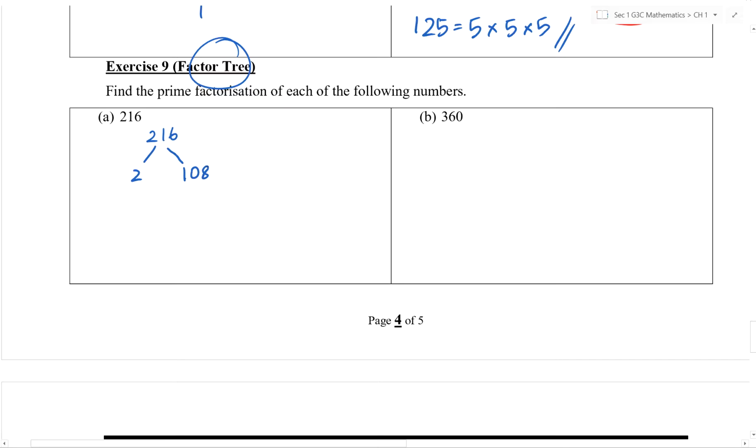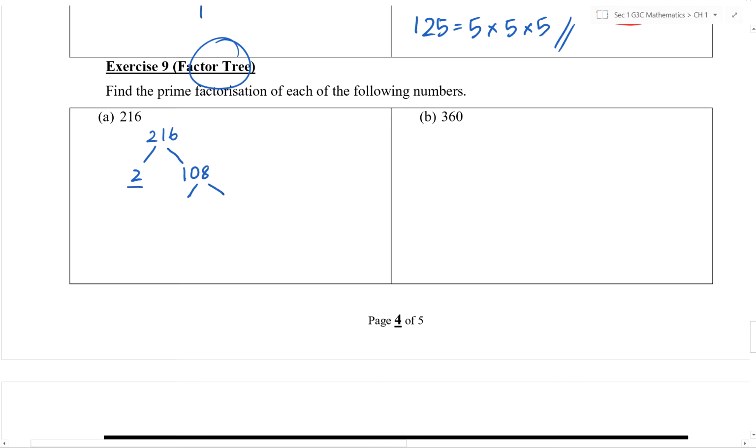We look at both of these factors and we work on the factor that is composite. So between 2 and 108, which one is composite? 108. Okay, so these two, we stop here already. Let's branch out 108.